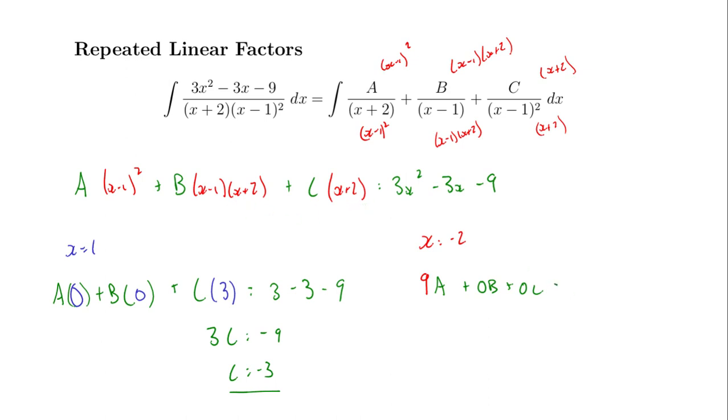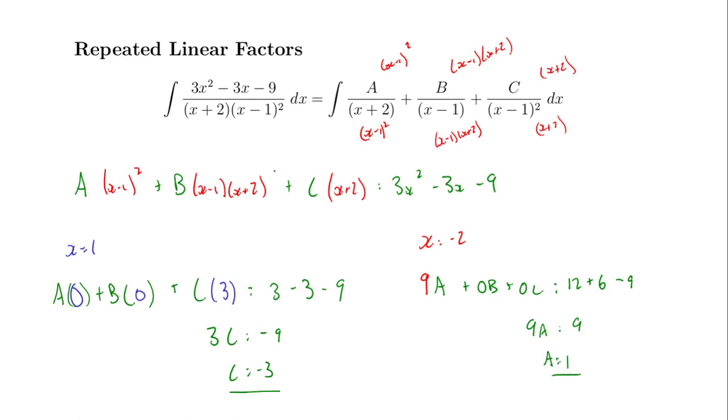And then on the right side of our equation, we've got 3 times 4, since negative 2 squared is 4, so that's 12 plus 6, minus 3 times negative 2, minus 9. So we've got 9a equals 12 plus 6, that's 18, minus 9 is 9. So look at that, a equals 1.